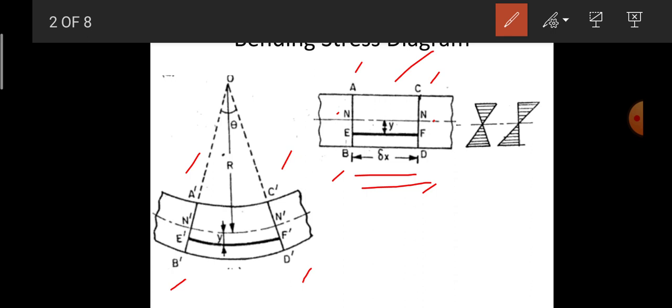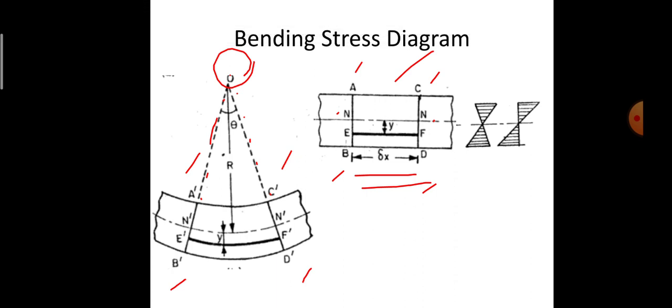If I project the A dash C dash line and the B dash D dash line, they meet at a point O.